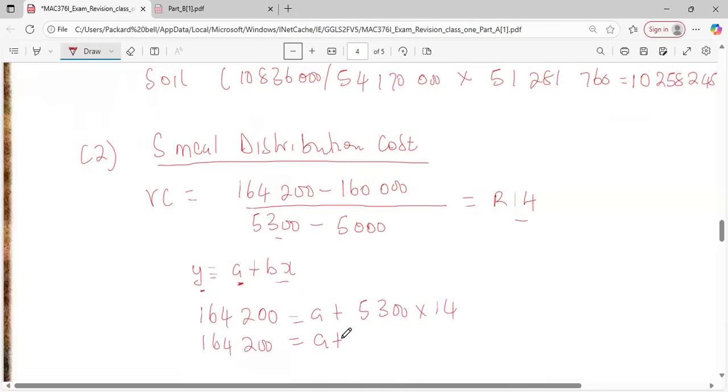So it's 5,300 times 14. One, two, three. It's going to be 74,200. Am I correct?